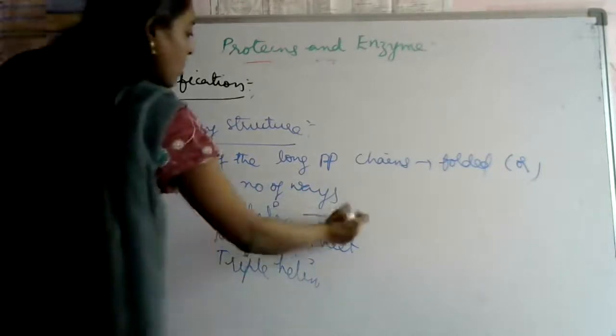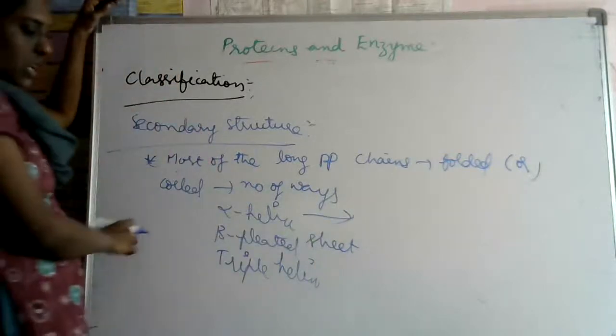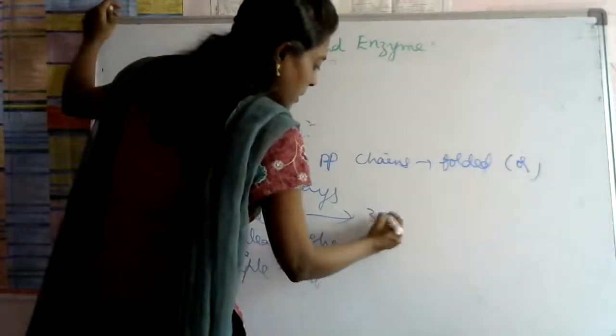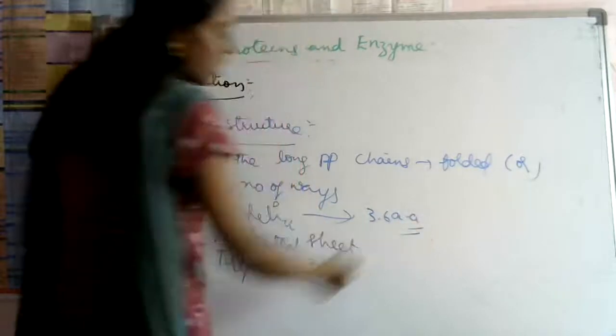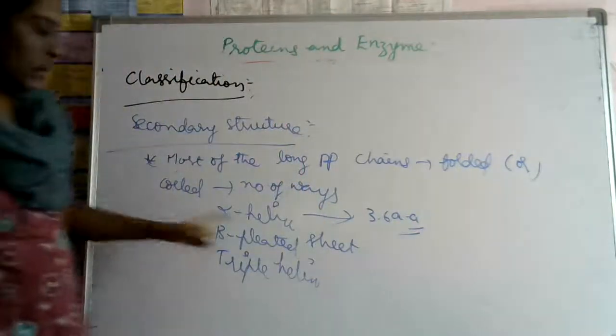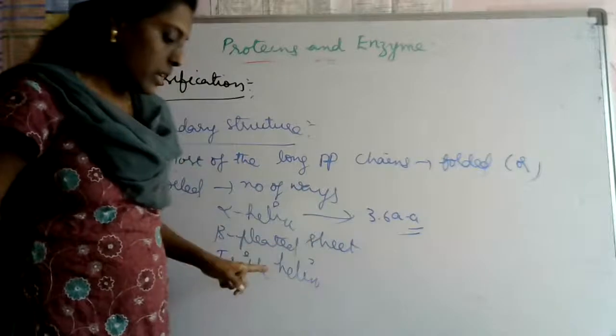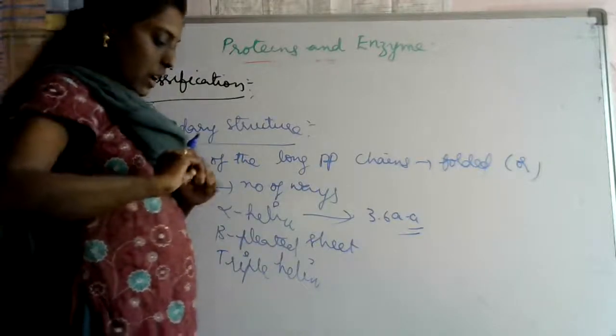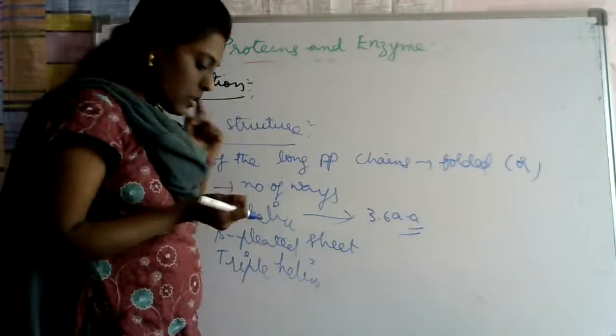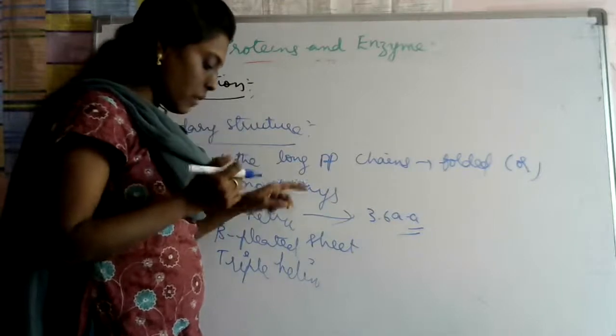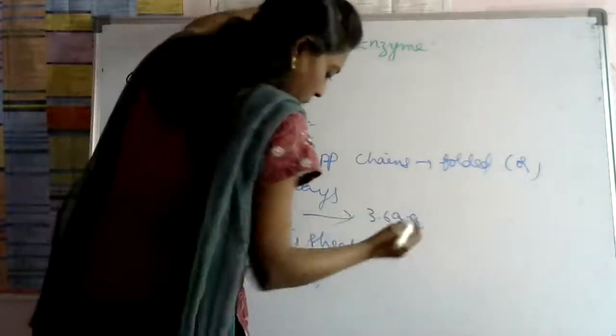Let's see what alpha helix is. In the alpha helix, 3.6 amino acid residues are present for one complete turn, with a central axis rise of 1.5. I will show you how it is present.